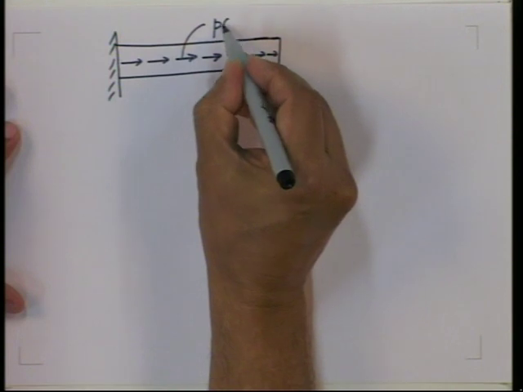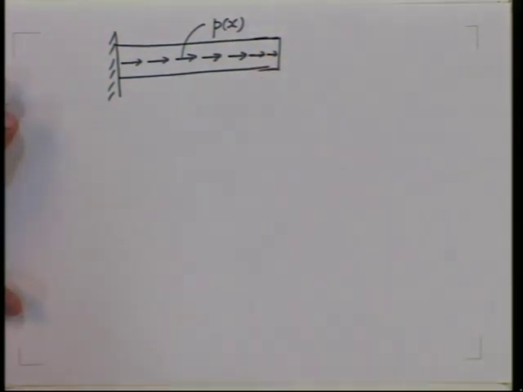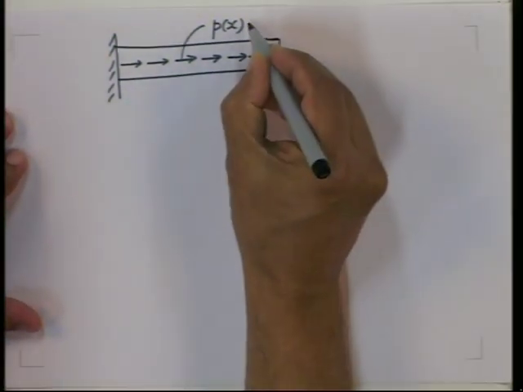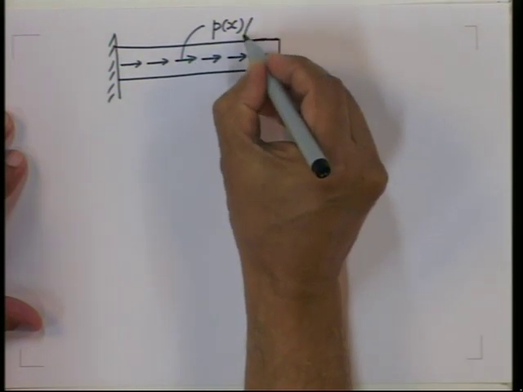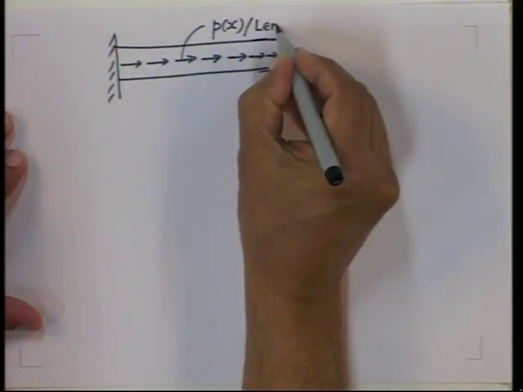Normally, we apply a load which is a function of x. It is a continuous function of x. It can be anything: it can vary, it can be a constant, it can be linear. So let us assume that this P is the applied force per unit length.